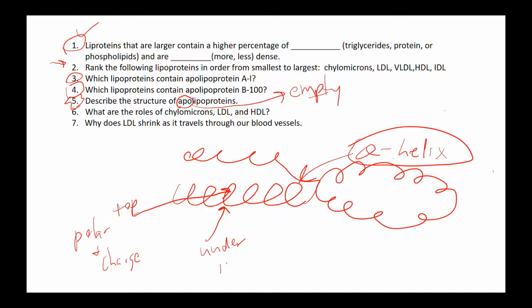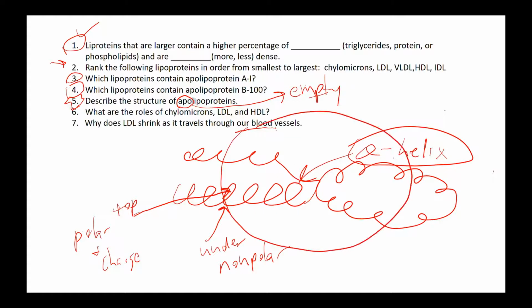Underneath is very nonpolar, allowing this alpha helix to bind to fats, but then on the other side to bind to water. So this protein is wrapping itself around the nonpolar lipids.